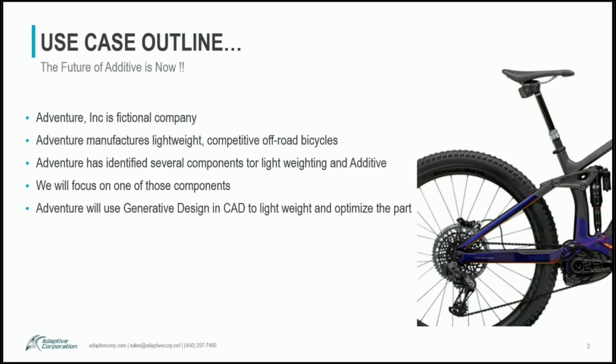What Adventure would like to do is use generative design in CAD to lightweight and optimize the parts. The concept there, and Bart will get into that in a couple of minutes, but the general concept of generative design is to minimize the mass of the part but maximize the strength at the critical attachment points where strength is needed.